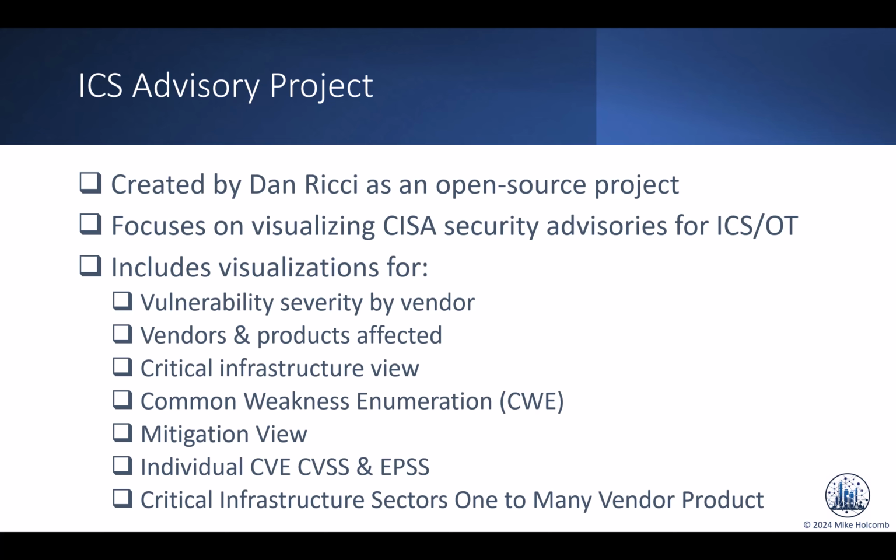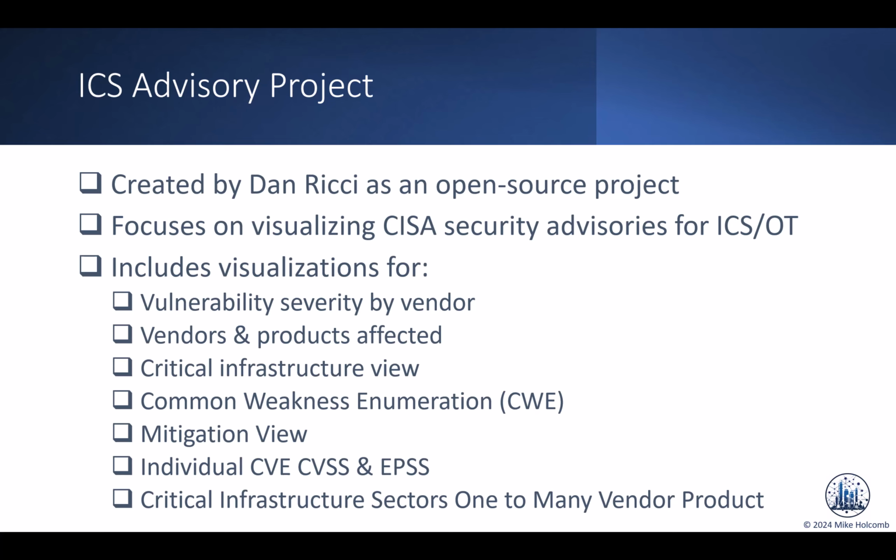And one of those things that attackers could use against us are vulnerabilities. Well, how do we know if there's vulnerabilities in different systems? And when we talk about control systems, Dan Ritchie put together the ICS Advisory Project, and he updates this every single day.